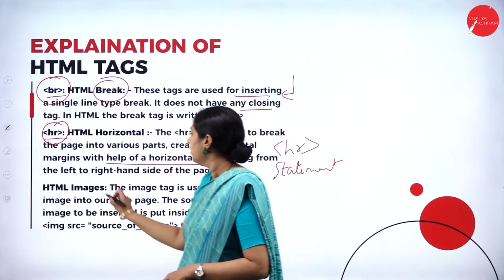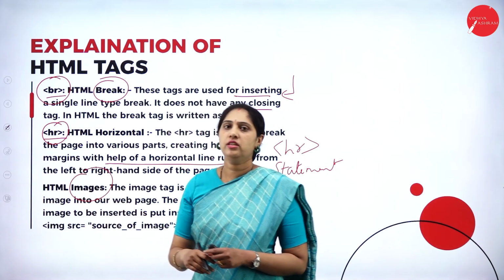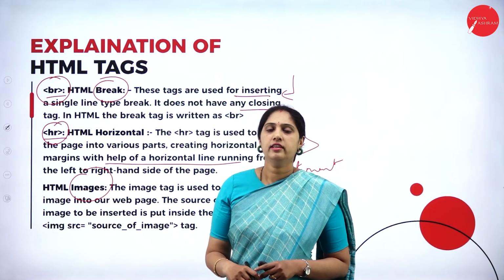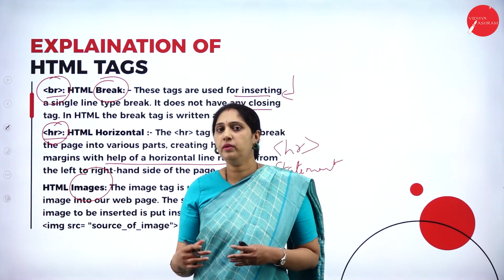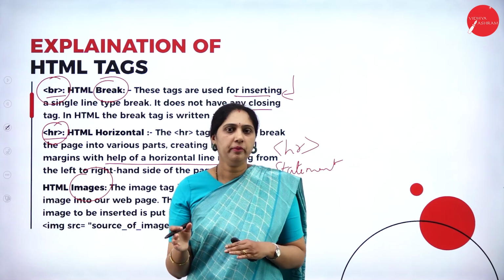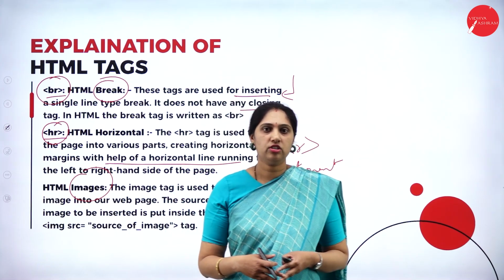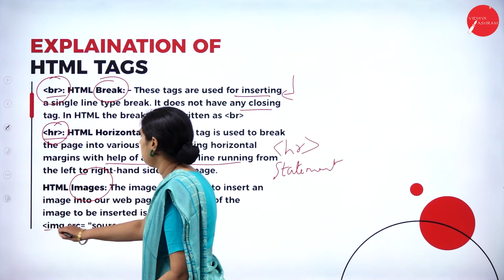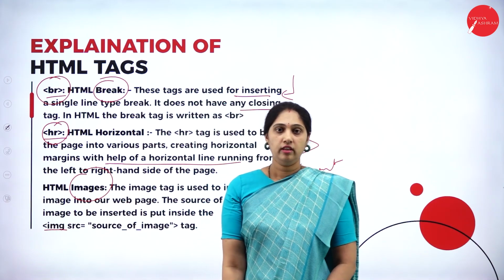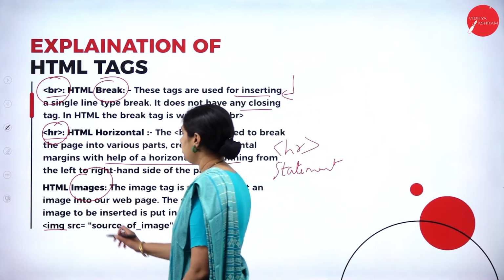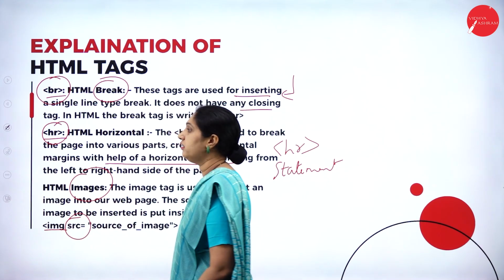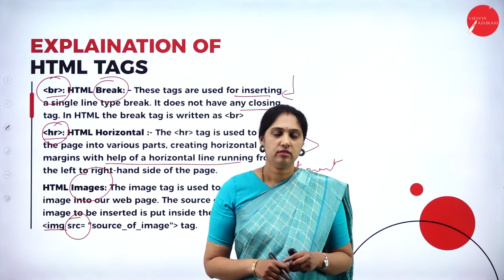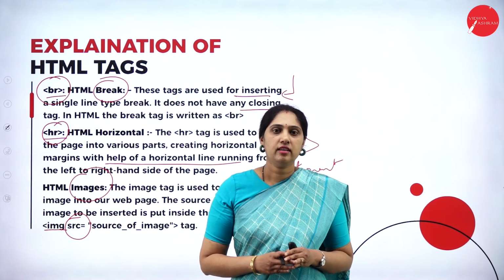Okay. Next, I said I'll give some information about a tiger inside the body tag, and an image. How should I place the image? Should I just copy paste the image or download the image? For that you have a tag called IMG, which stands for image. In the image, you have to identify the location where the image is exactly stored.